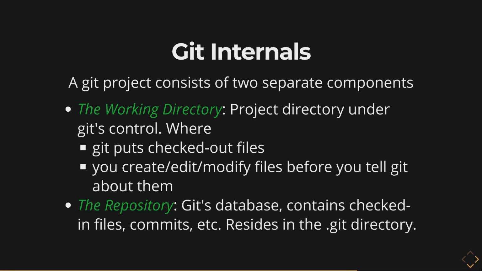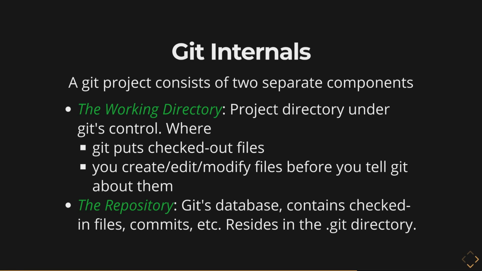The reason I'm mentioning that is because it's common Git parlance, it's common terminology to refer to that directory as the working directory. Then, of course, the other main part of a Git project is the repository itself.